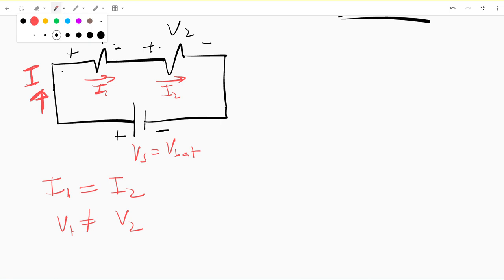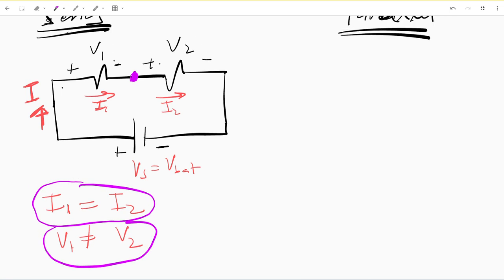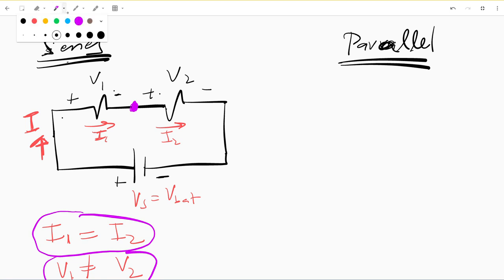As you can see, we have an ordinary node right here because it's only two components. When you have an ordinary node, those components share a current, but they don't share a voltage.